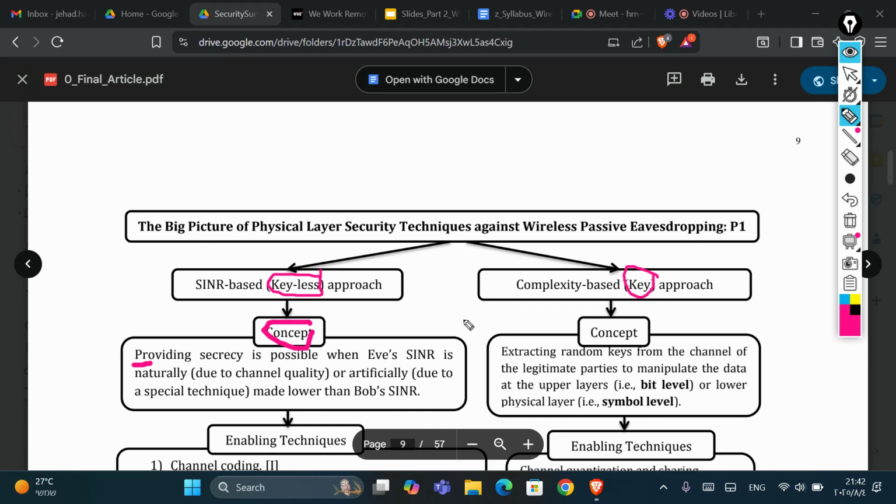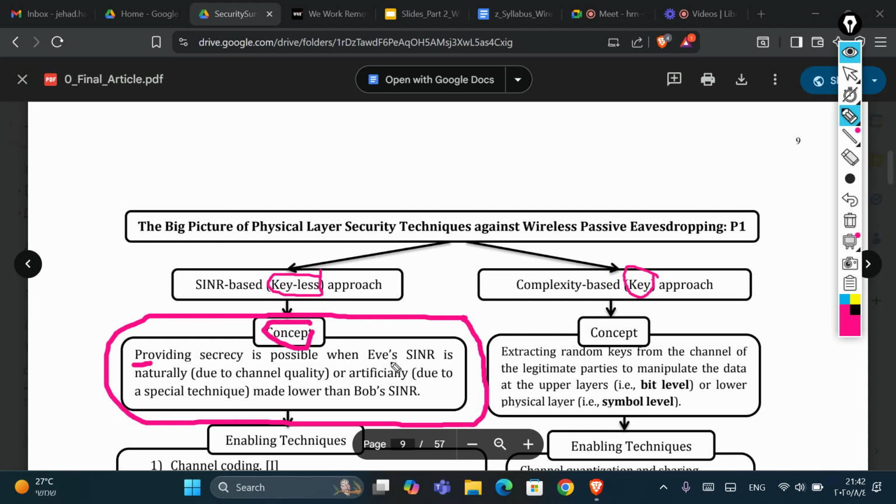This is very interesting. You need not only take this as a blueprint of the meaning of the keyless approach in physical layer security, but you need to understand its meaning practically. And here we need to explain it with an example.